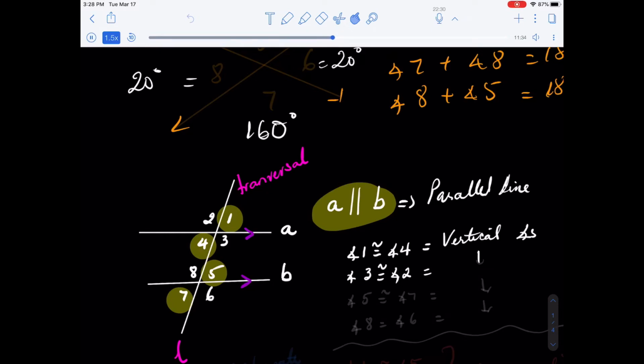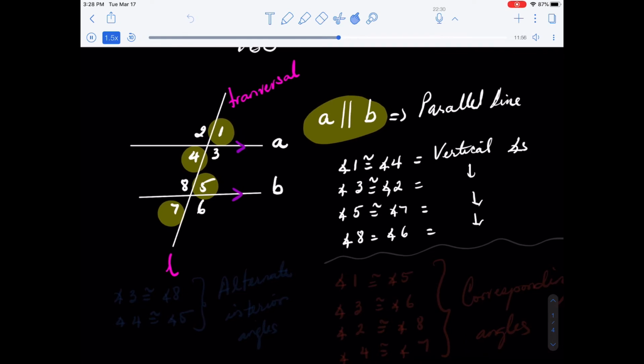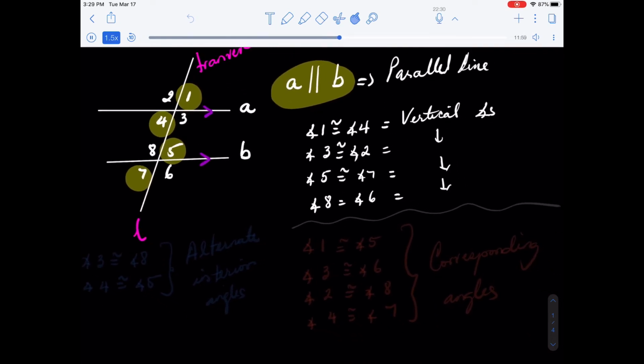They're also vertical angles. You can also say angle 5 is congruent to angle 7. They're also vertical angles. And angle 8 is congruent to angle 6. They're also vertical angles. So these are vertical angles.